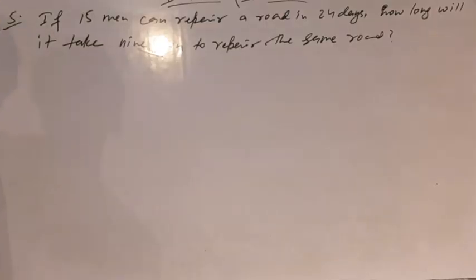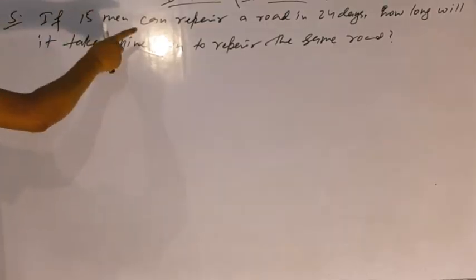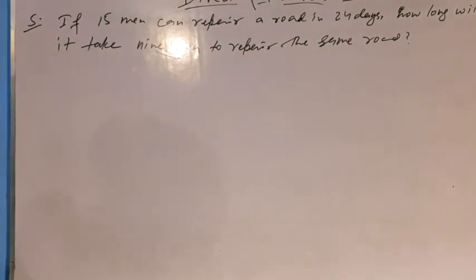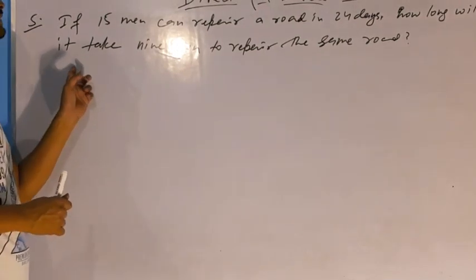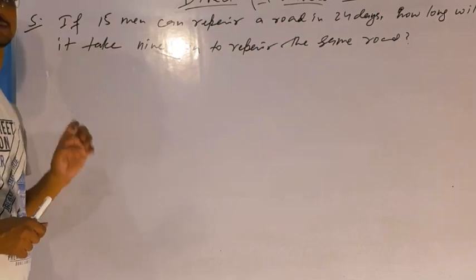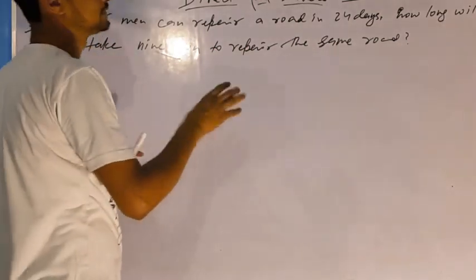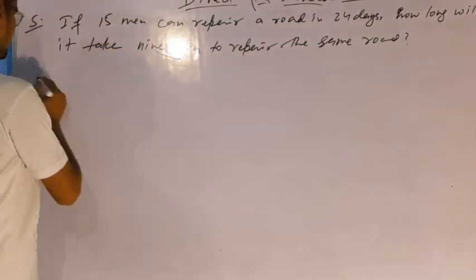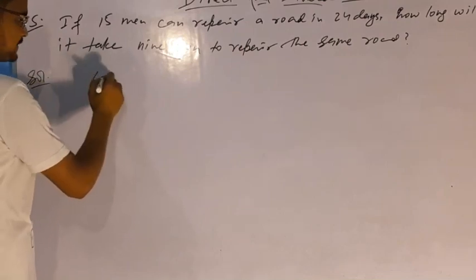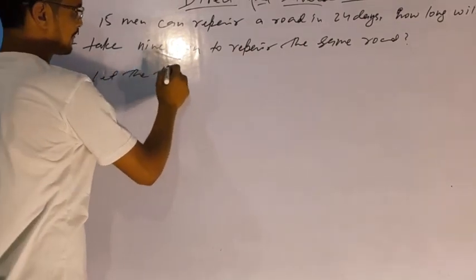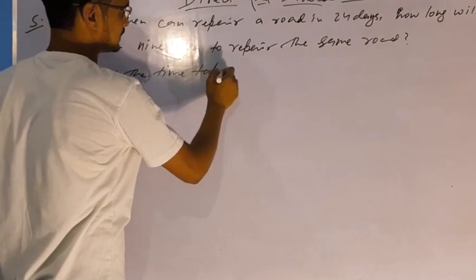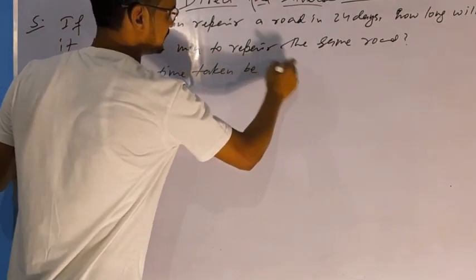Our next question is that if 15 men can repair a road in 24 days, how long will it take 9 men to repair the same road? How long? That means we have to find the time. Firstly, we will write: let the time taken be x.